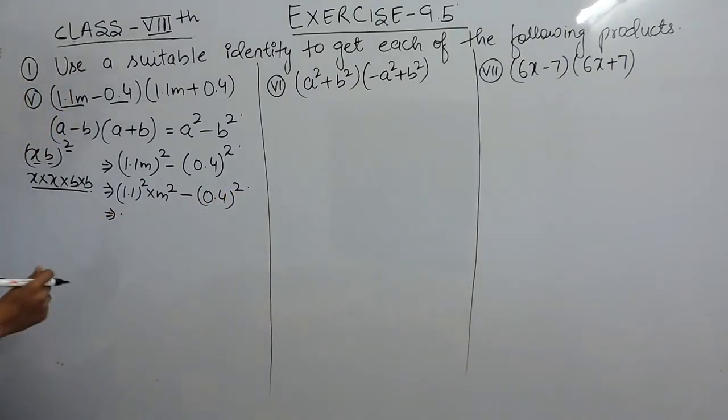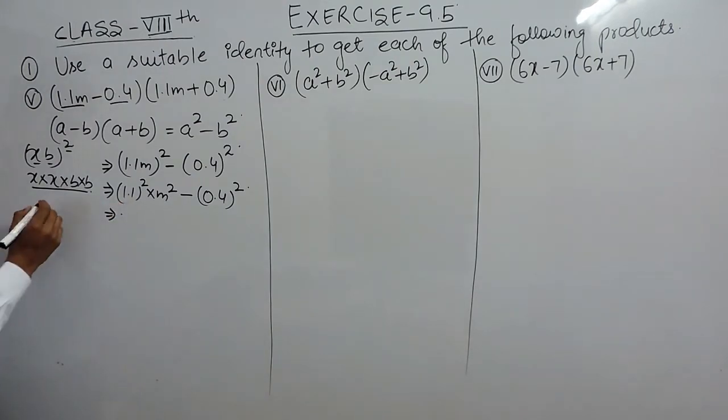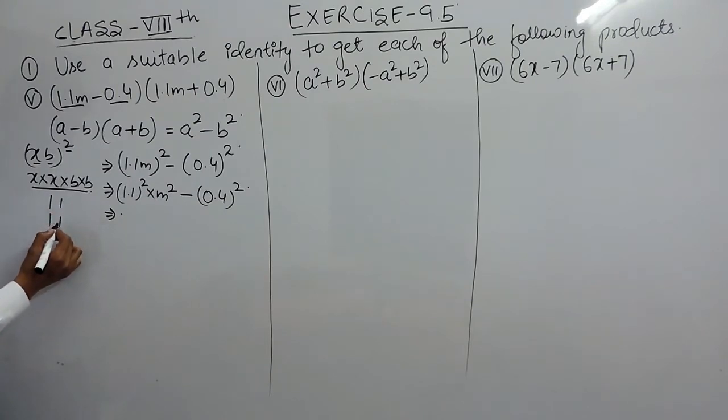Now there are two ways of squaring 1.1. First, we multiply 11 with 11. 1.1 square means 1.1 multiplied with 1.1, and we are removing the decimal right now. We just have to multiply 11 with 11, and 11 square is 121.